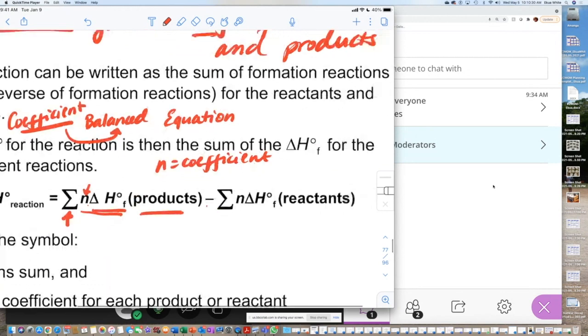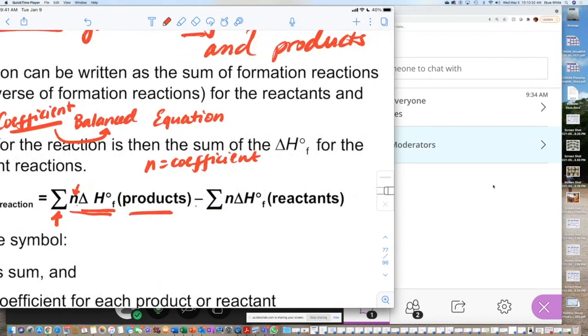And then from the products, subtract the reactants. Same thing with the reactants. Take the coefficients if they're present, multiply by delta HF of each reactant at standard state, don't forget that, and then add those all up together.